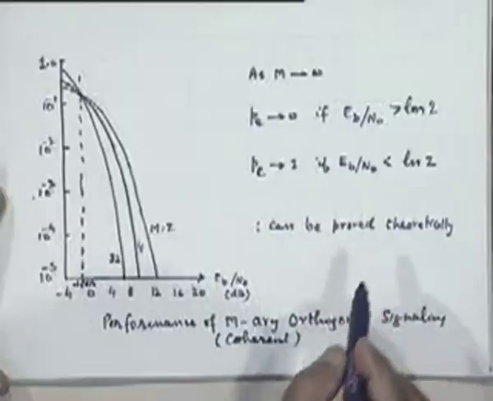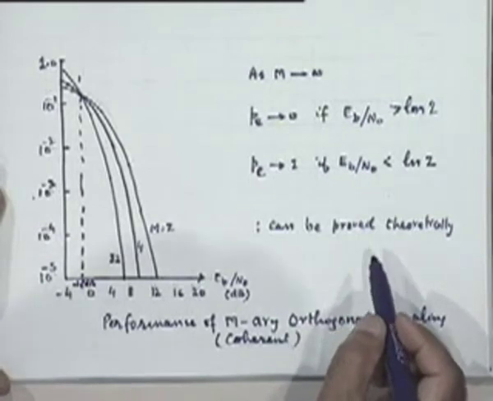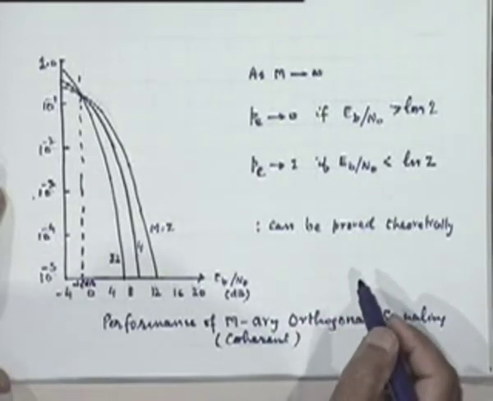So there is a threshold value of the signal to noise ratio. If you are above this threshold, increasing M always improves the error probability for a given EB by N0. You can prove this theoretically, and it's also proved in the book. I'd like you to read it up yourself.